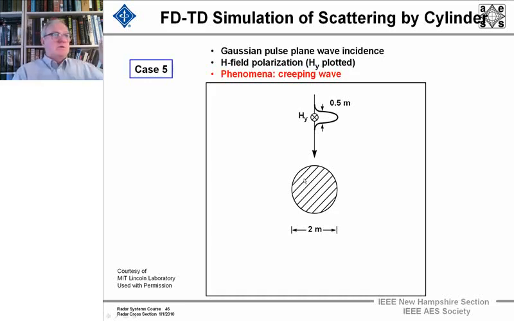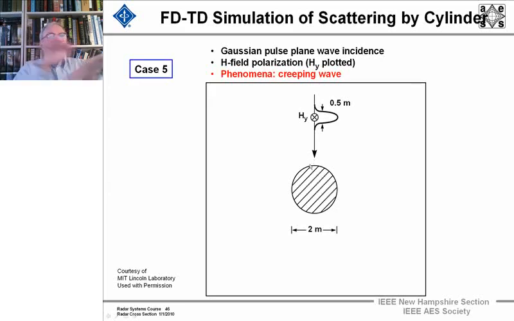And that oscillation is caused by the interference of the wave that comes down and hits the front of the sphere, and then a wave is generated called the creeping wave, which goes all the way around this way and all the way around this way, and they come back and they constructively or destructively interfere with the incident wave.